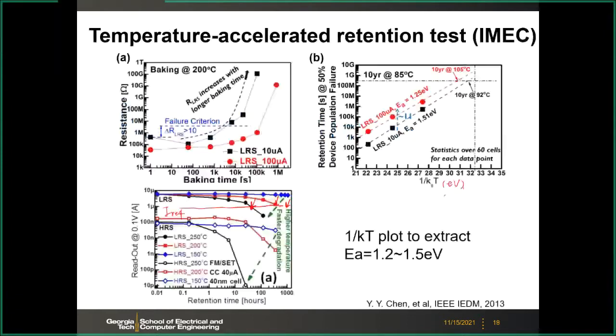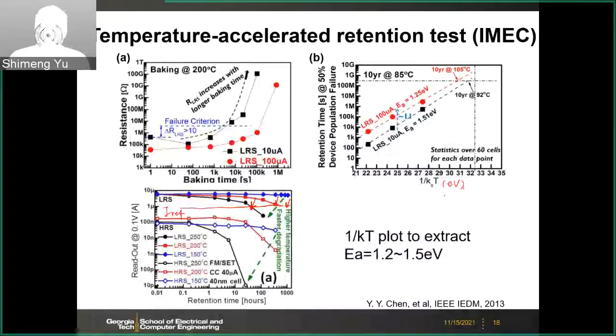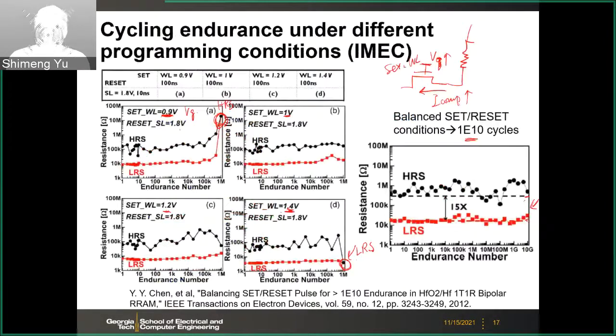Yes, so imec uses hafnium as a capping layer, while the other group uses titanium as a capping layer. According to IMEC, they think that hafnium can be more compatible because it's hafnium oxide and hafnium, so it can get more oxygen from the hafnium oxide. But titanium is also very active, I would say.